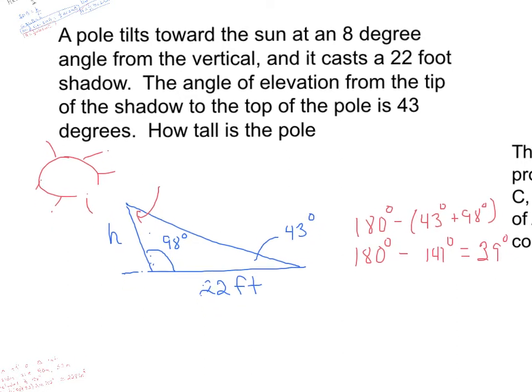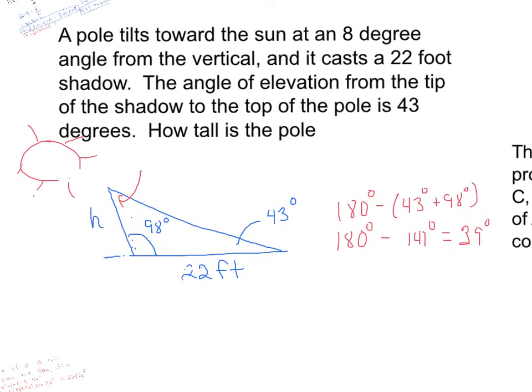So move this all up just a little bit. And so we're looking for the height. So the height over the sine of 43 degrees is equal to 22 over the sine of 39 degrees. And of course you have to use your calculator. You have to be in degrees.